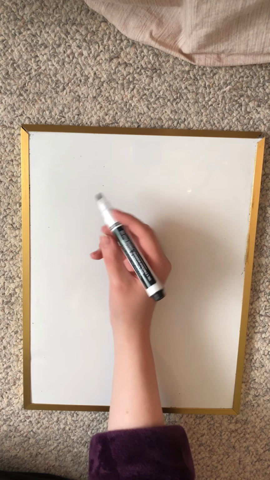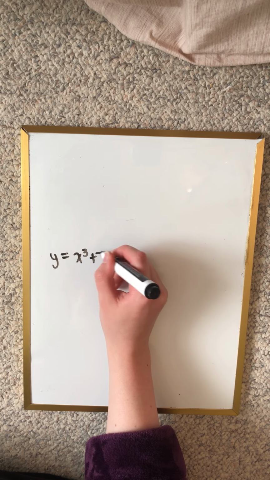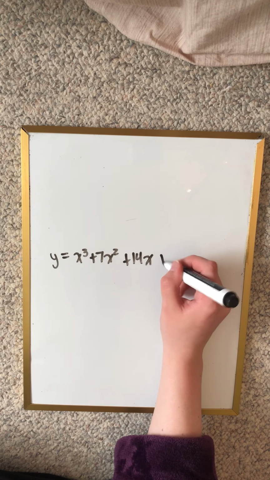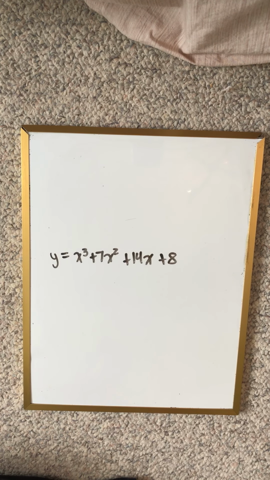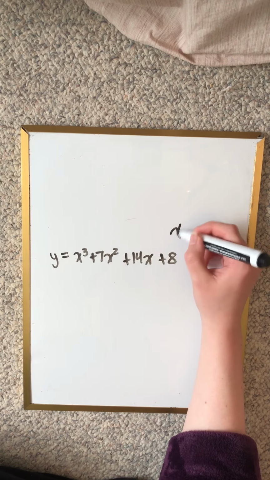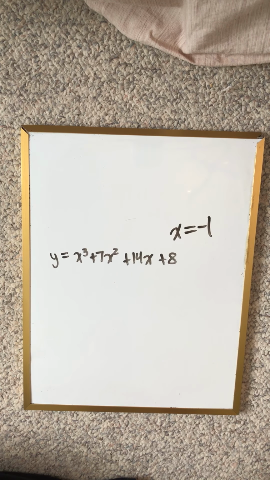So I'm going to take the equation y equals x cubed plus 7x squared plus 14x plus 8, and say we sub in the value x is equal to -1. That value was given to us in the question, and we're asked to substitute it into the equation.